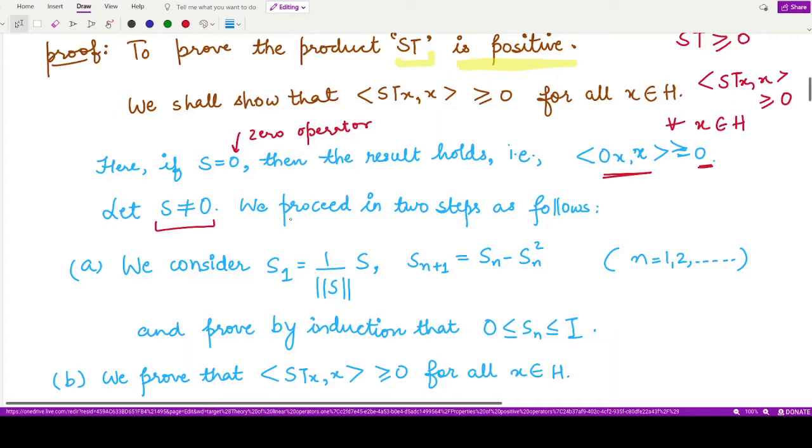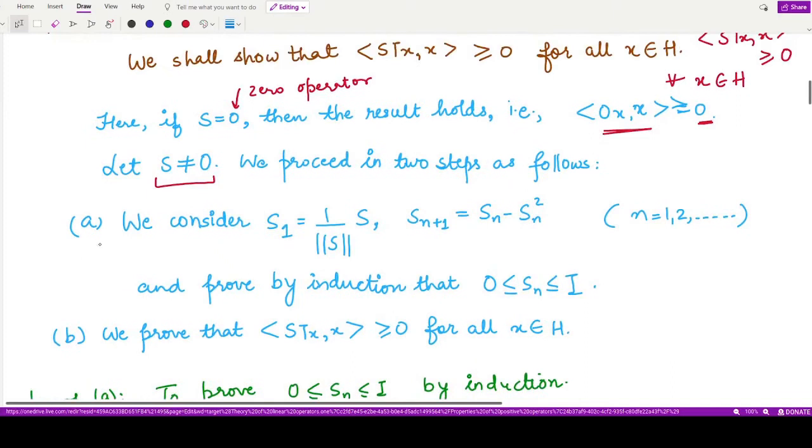Here we shall be proving our result in steps. Firstly, we consider the given operator S, which is now a non-zero operator. We can define another operator S1 here, which is nothing but the operator divided by its norm, the unit operator.